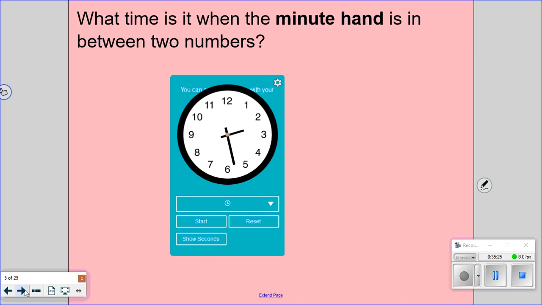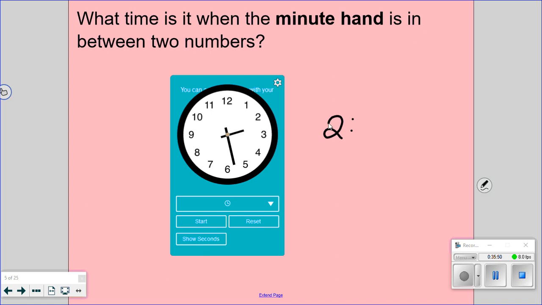It's somewhere between a 2 and a 3. So what hour is it? That's tricky. Avery? Well, isn't it 2? It is 2. It's almost to the 3. But is it at the 3 yet? No. So it is 2 something.